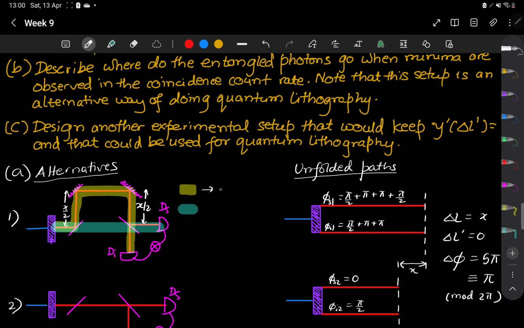So yellow path takes an extra time, there's an extra delay x, so extra time x by c will be taken by the yellow path, so they will not arrive at the same time on the detectors, and this will not give coincidence, because arrival is at different times.